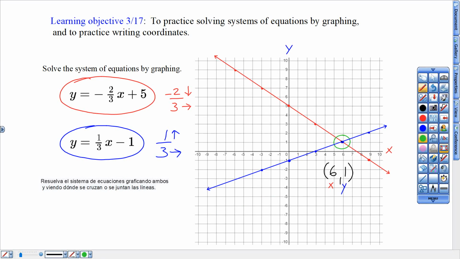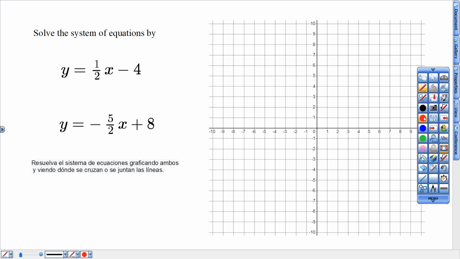Here we go. First problem. Just check your work against this that we've already done. I start at -4 on the y-axis. That is my y-intercept. And then that 1/2, remember, is going right 2, up 1.